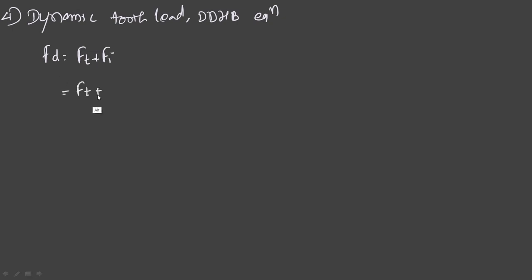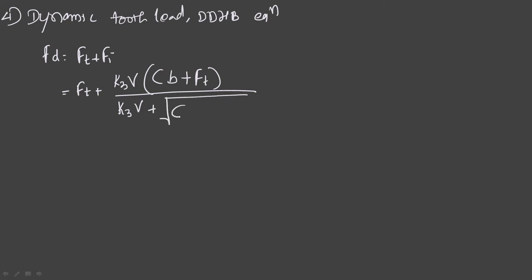The increment load equals K3V times (capital CV plus FT), all divided by K3V plus the square root of capital CV, plus FT here.